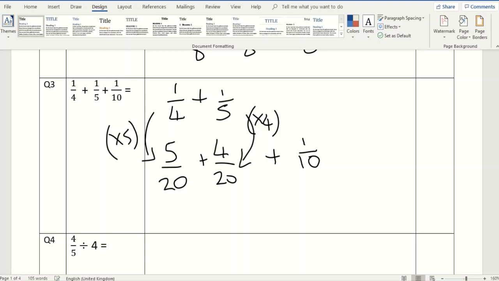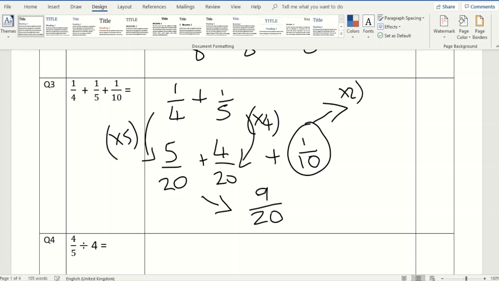Now, if we take the answer for this, it's going to be 9/20, and 1/10, if we just multiply it by 2, we get 2/20. So 9/20 plus, sorry, let me just go back.